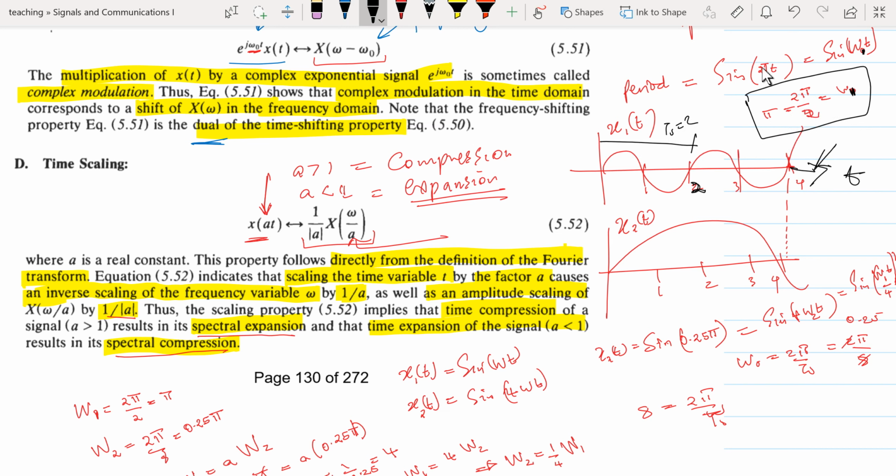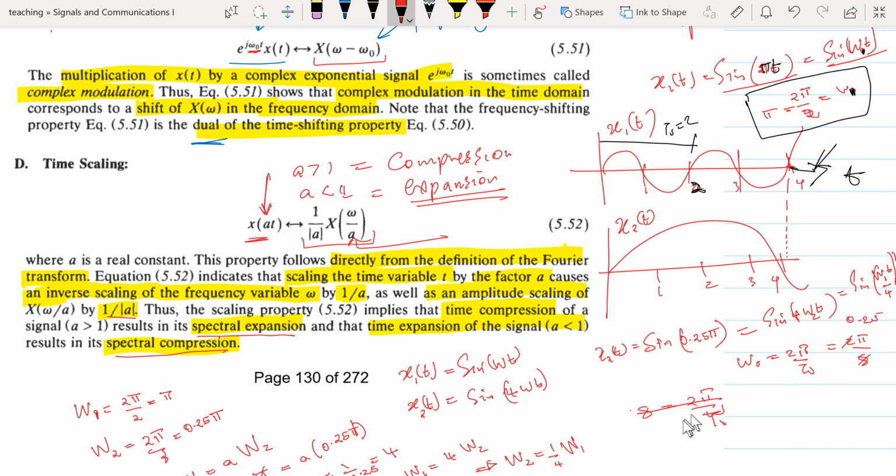And therefore we can actually say that our signal x1 of t can be represented by sine of pi t, and we are calling that omega 1. And if we look at this other signal, you try to estimate, this is half a period, and therefore the period is actually 8.